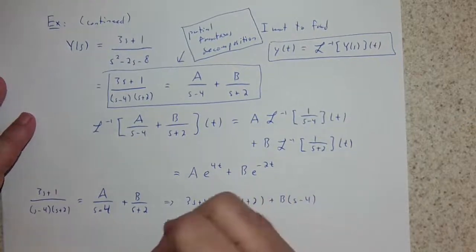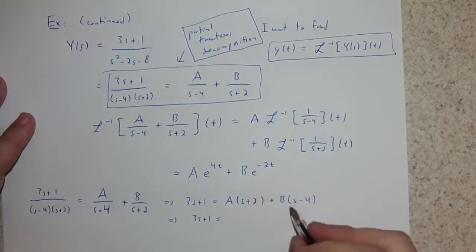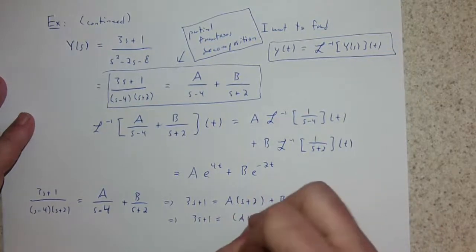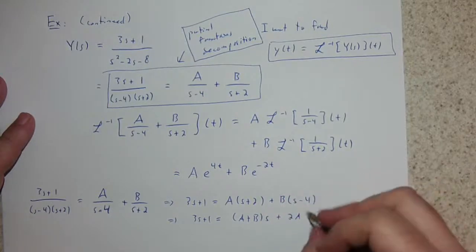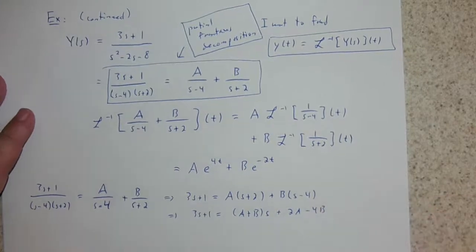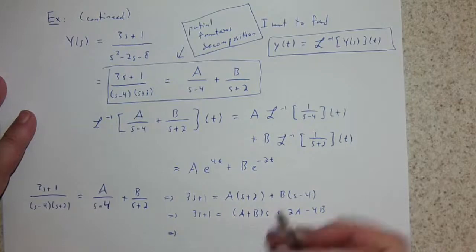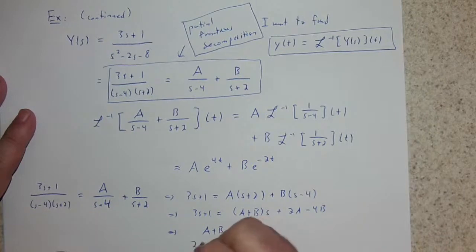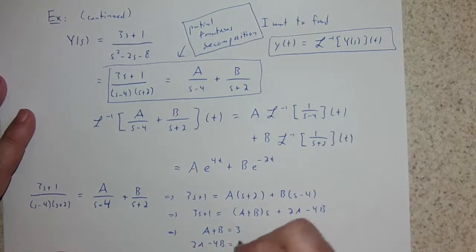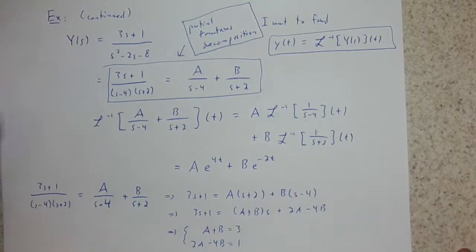So then, setting these things up properly, 3s plus 1 is equal to (a plus b) times s plus 2a minus 4b. Comparing the coefficients here, since this is 3 times s, a plus b has to be equal to 3, and 2a minus 4b has to be equal to 1. So these have to be, of course, satisfied simultaneously.